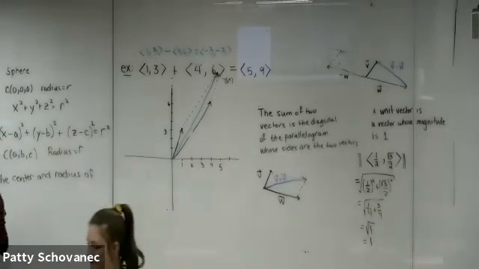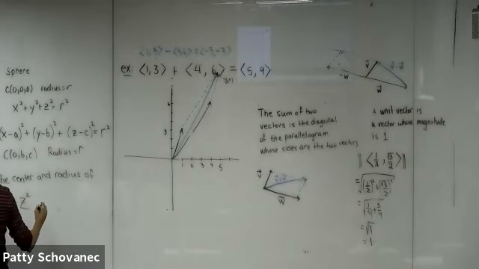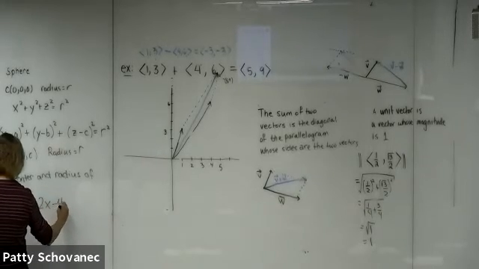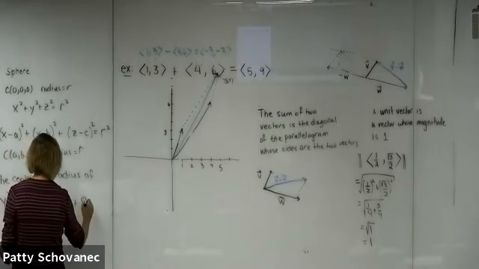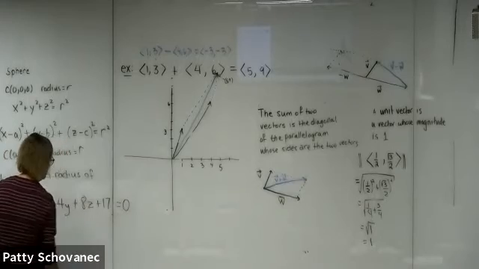x squared plus y squared plus z squared minus 2x minus 4y plus 8z plus 17 is equal to 0.